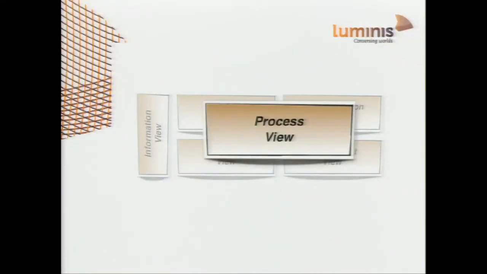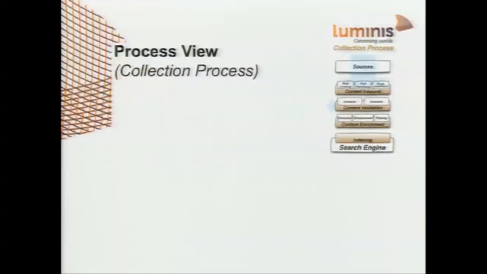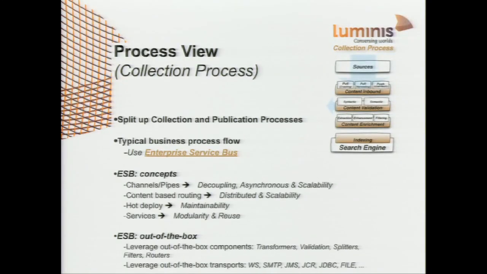Let's go to the process view of the solution that we do have. Let's look at the collection process first. From a collection process point of view, what we did just to make the system more responsive, we actually split up the collection process and the publication process, which looks very logical to certain people, but then again, it's very important to do that.